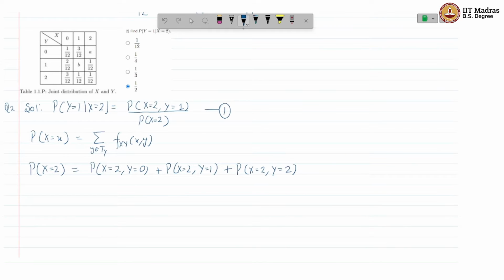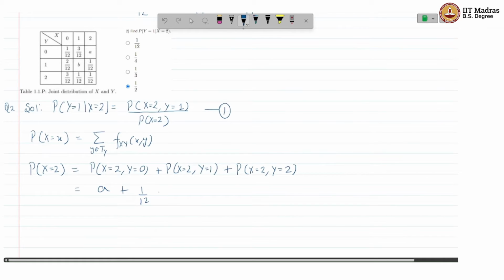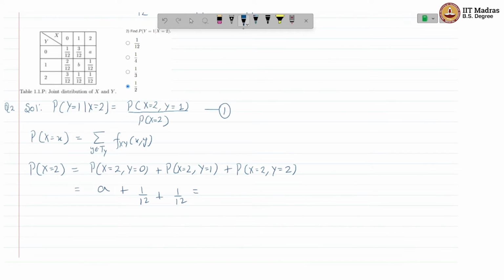From the table we will put these values and find the marginal x is equal to 2. So this is a plus 1 by 12 plus 1 by 12. And as a is equal to 0, this will be equal to 2 by 12.